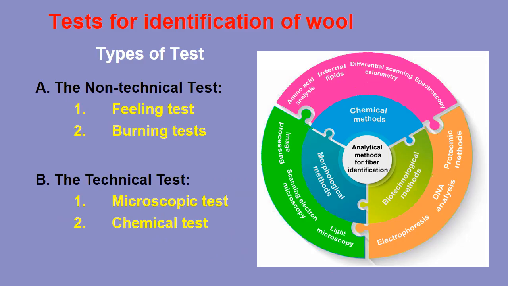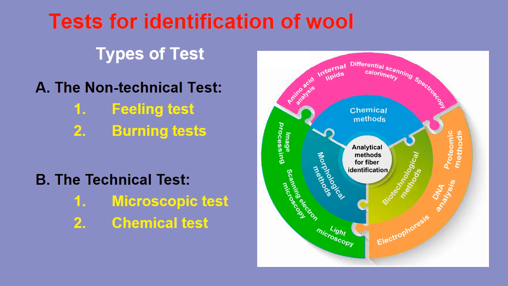Here we can see different methods for testing or identification of wool. So the left side, these are the classical methods, basically two types. One is the non-technical test, another is the technical test. So non-technical tests we can say are more of subjective type, where we can do the feeling test.